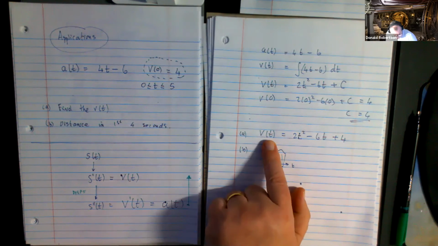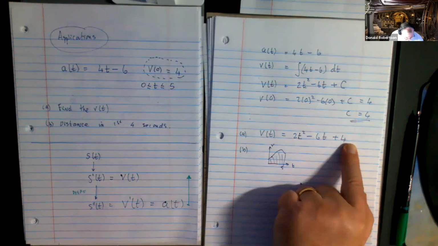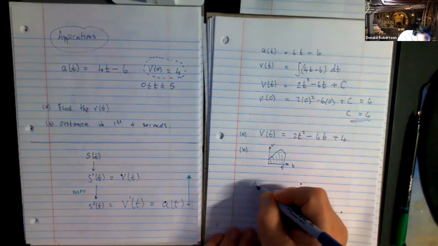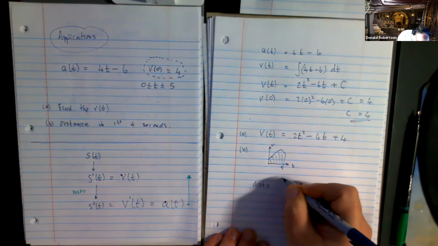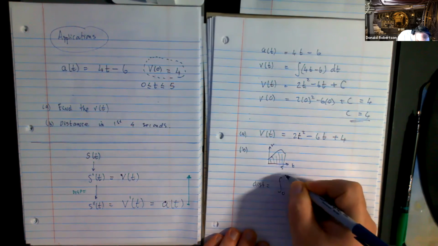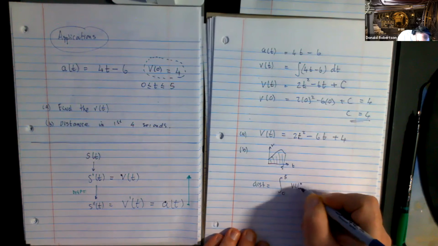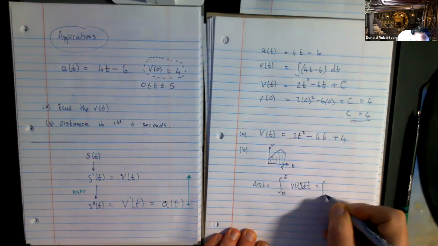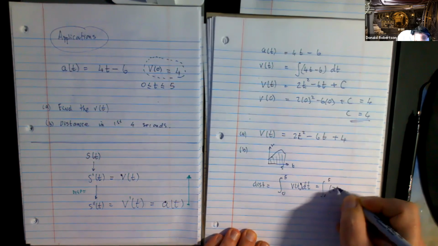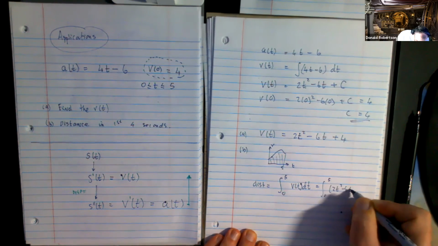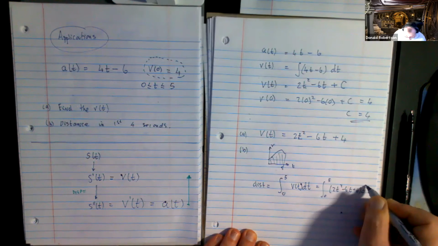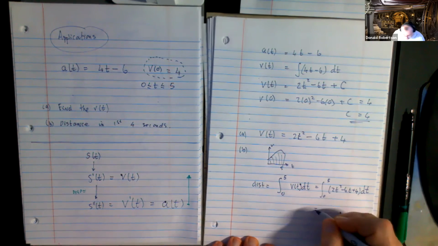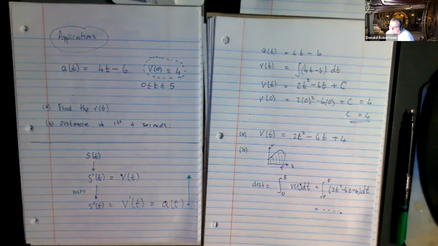So if I want to find the distance traveled in this velocity function during the first 5 seconds, the distance traveled is the integral from 0 to 5 of the velocity function. So it's going to be the integral from 0 to 5 of that guy. And I'm just going to dot, dot, dot that. Can you finish it off yourself in the usual way?